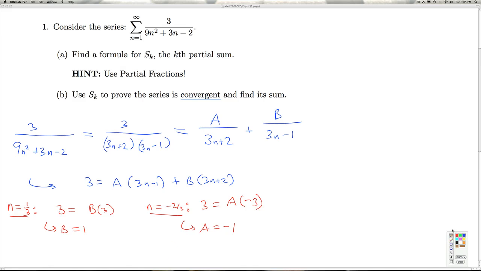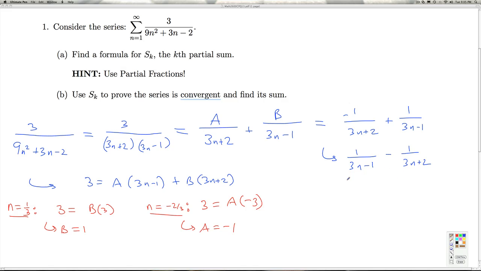So this tells me that I can rewrite this fraction as negative 1 over 3n plus 2 plus 1 over 3n minus 1, which I'm going to write as 1 over 3n minus 1 minus 1 over 3n plus 2.